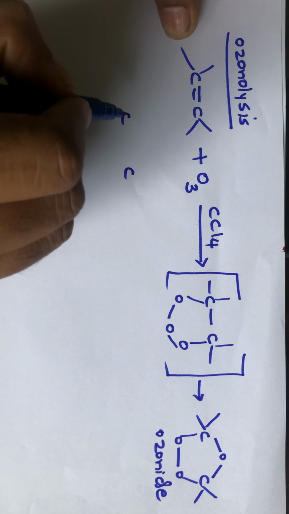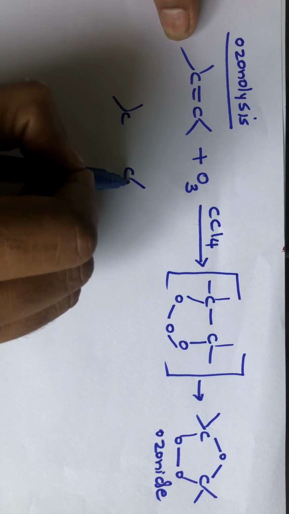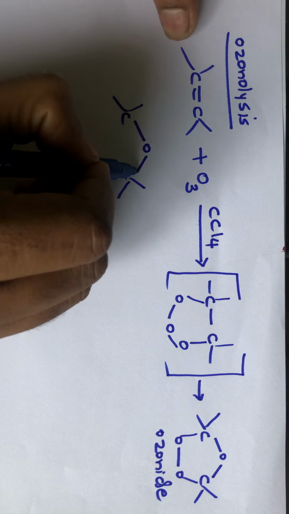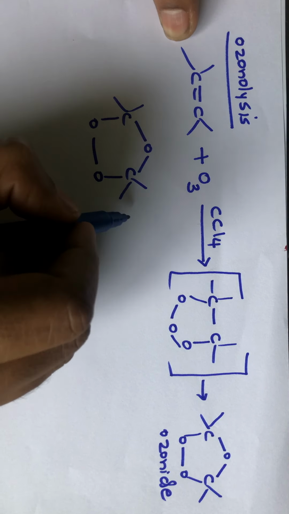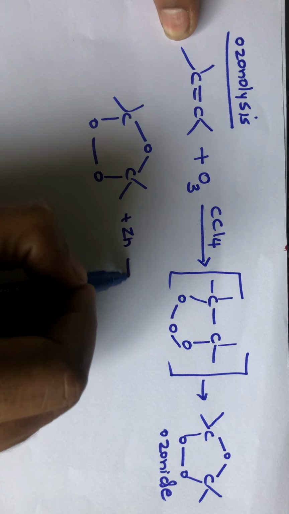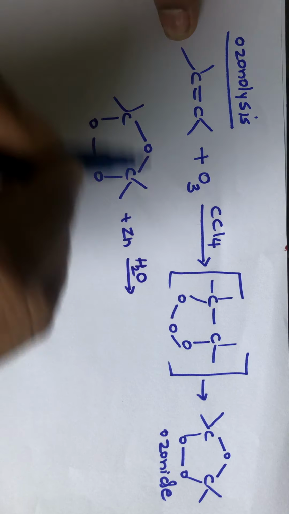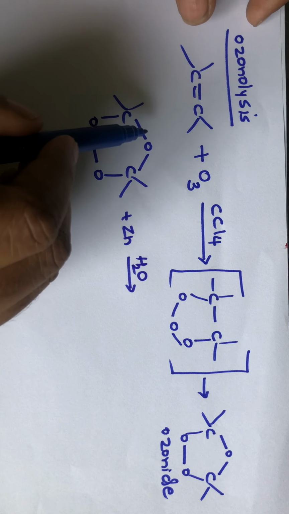See, this is a carbon-carbon double bond. One oxygen adds across this, and two oxygens will add like this. Whenever it is treated with zinc and water, it breaks. How it breaks is here.